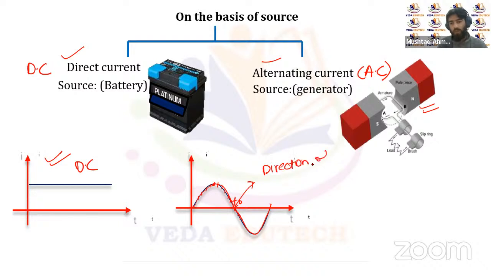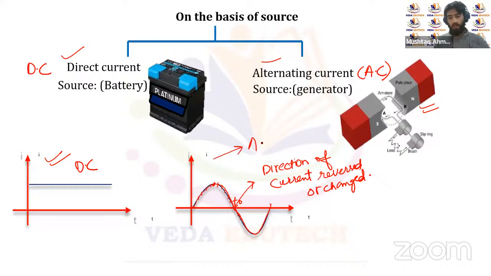The direction of current is reversed or changed. So in this case, the magnitude of the current is also changing, and the direction of the current has also changed after time t equal to t naught. This type of current we call AC current or alternating current.